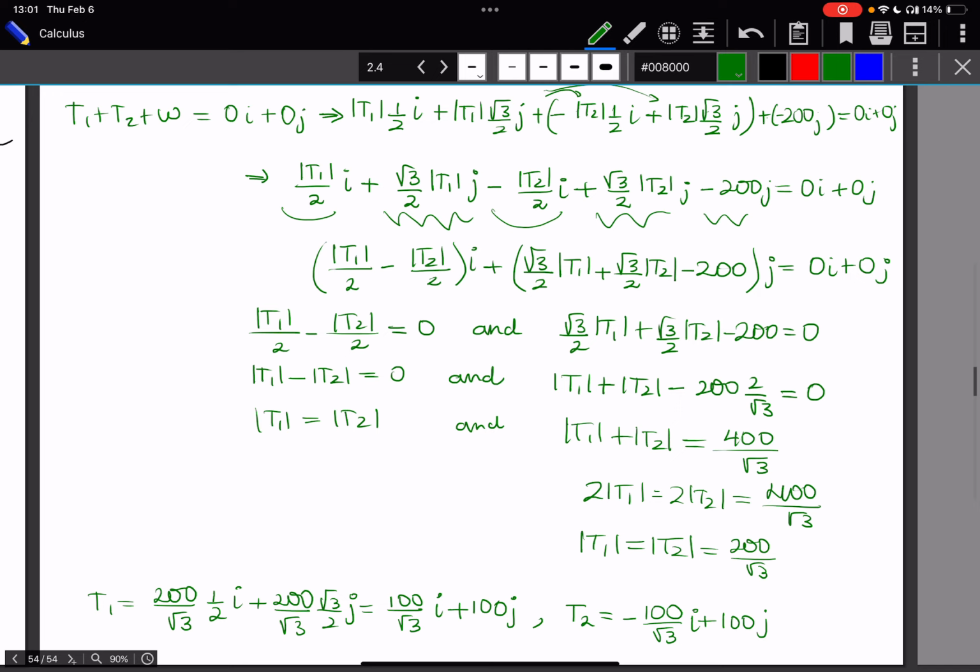So this is going to be T2. So we have concluded that T1 and T2 are tension vectors given by those equations right here. So this is our T1, this is our T2. And the magnitudes of those tension vectors, which are forces, is 200 over root of 3.